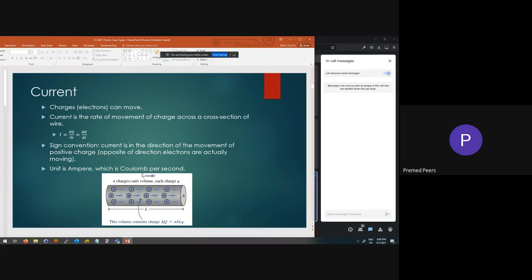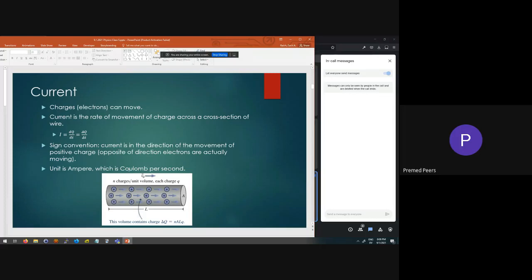The sign convention is that positive current is in the direction of the movement of positive charge. The positive charges aren't actually moving, so it's the direction positive charges would move to cause the same effect. So whenever electrons are moving, like in a wire or circuit, if we want to draw an arrow for where current is moving, it's opposite of that.